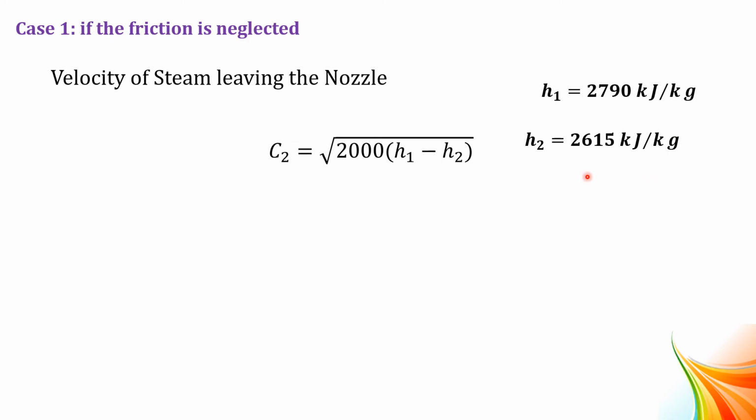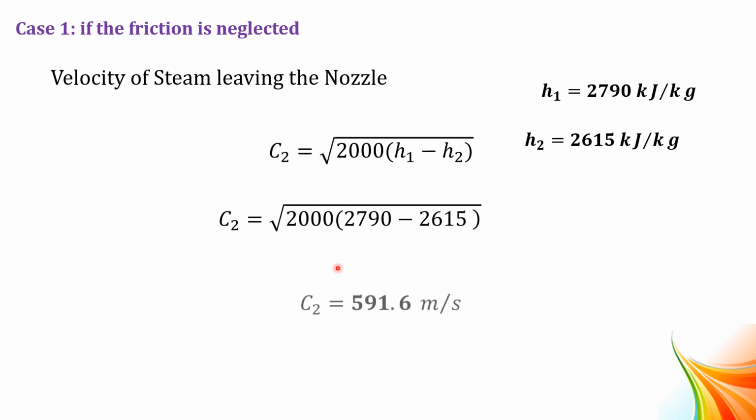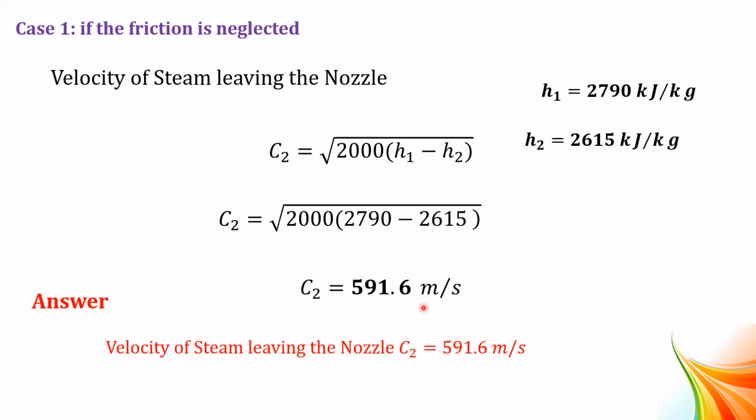Now substituting these values in this equation, we get C2 equal to 591.6 meters per second. So the velocity of steam leaving the nozzle C2 equal to 591.6 meters per second.